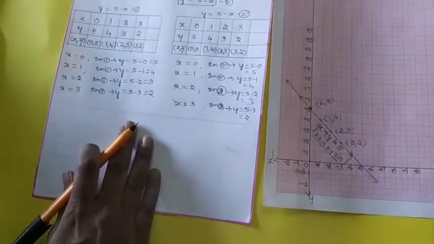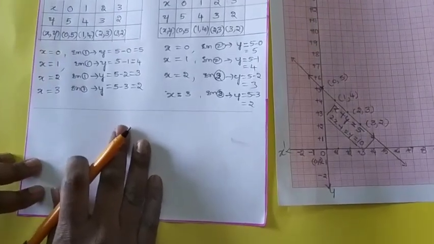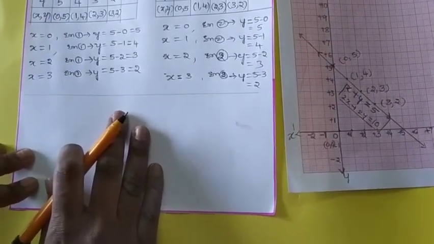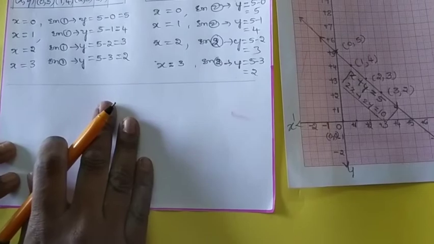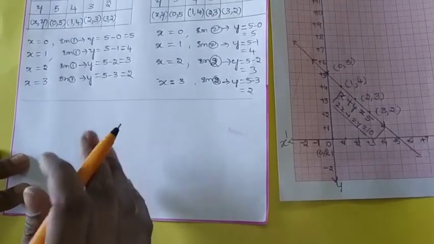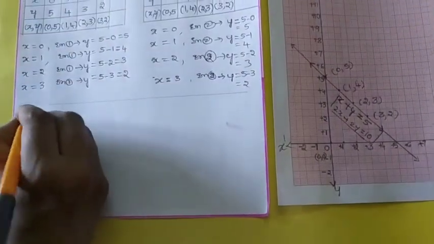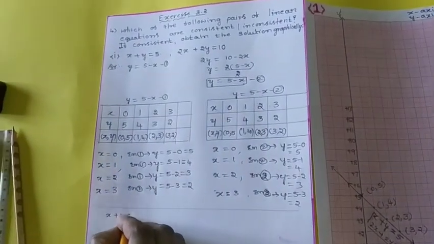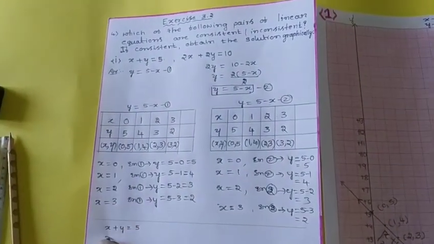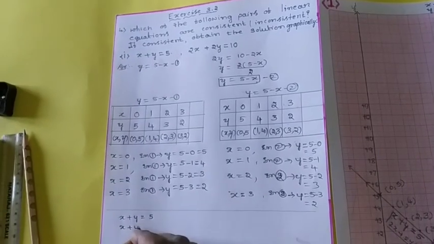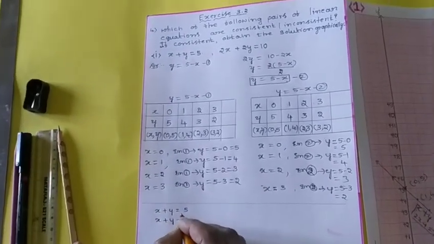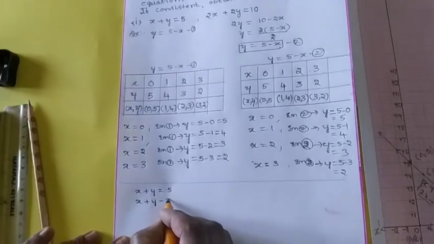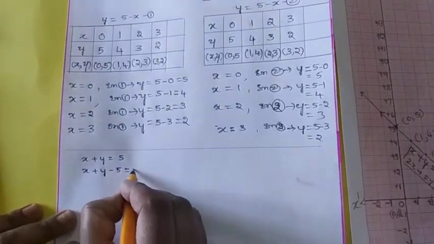Here in the equations, we find which of the following pair of linear equations are consistent or inconsistent. We will take first equation, x plus y is equal to 5. It is written as x plus y, and plus 5 is taken to LHS. It changes to minus 5 is equal to 0.